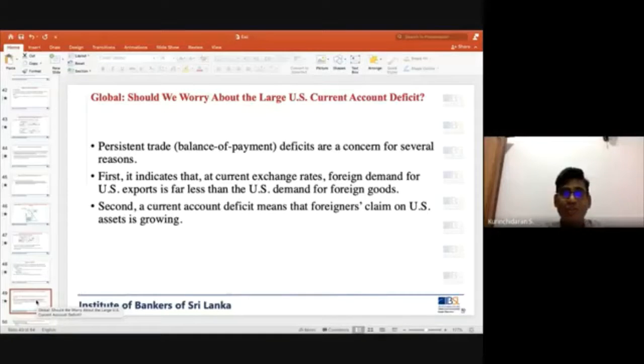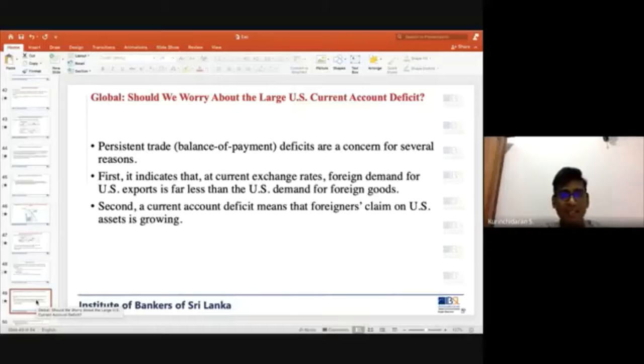A trade deficit means you are importing more than you export. That means the demand for your local product is far less than the demand for foreign products, so we are going to export less and import more. That is an unfavorable situation.